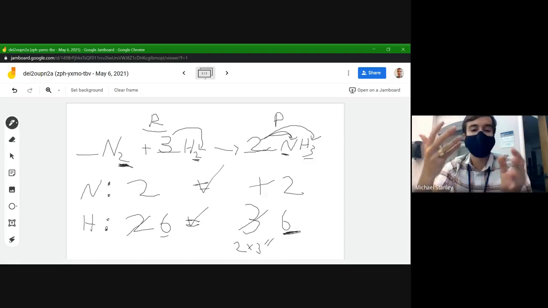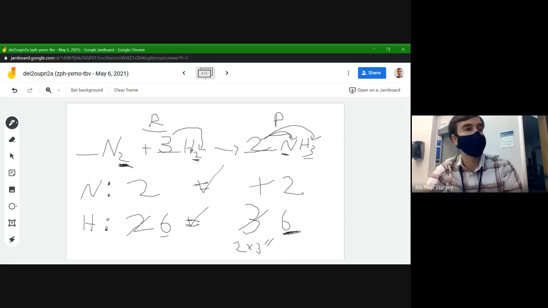And then on the reactant side, we did the exact same thing, just with the numbers flipped. In this case, we had a subscript of 2. We added a coefficient of 3 to make sure that the H is balanced. And so we had a coefficient of 3 times a subscript of 2, which gave us a total of 6 H's on this side as well.